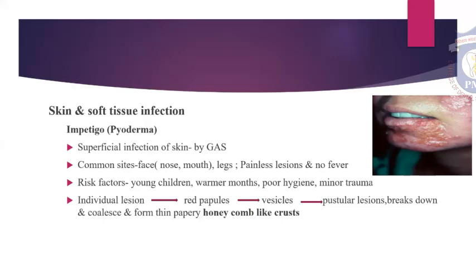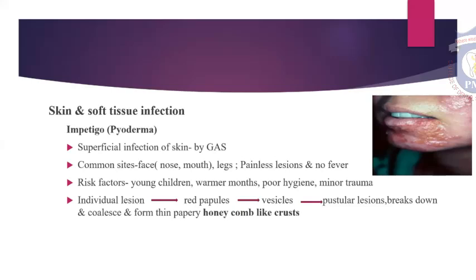Risk factors are young children, warmer months, poor hygiene, and minor trauma. In impetigo, individual lesions develop into red papules, later into vesicles, later into pustular lesions, which break down and coalesce to form a thin, papery, honeycomb-like crust.